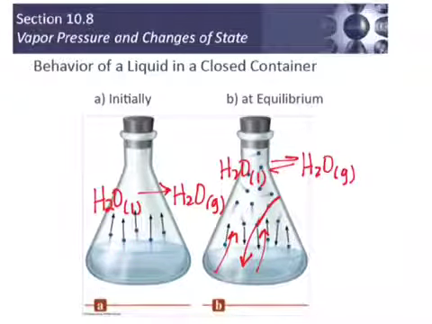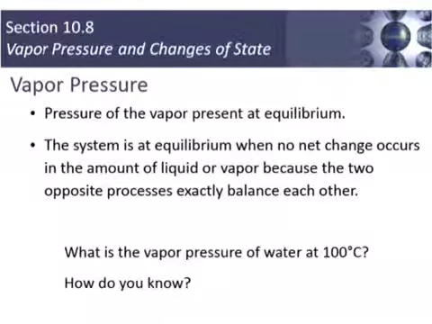So let's look at vapor pressure at equilibrium. Here we have no more net change in the amount going into liquid or into gas. They balance each other out. So I want to know, what's the vapor pressure of water at 100 degrees Celsius? We know at 100 degrees Celsius what happens to water. What is this equal to? The boiling point.